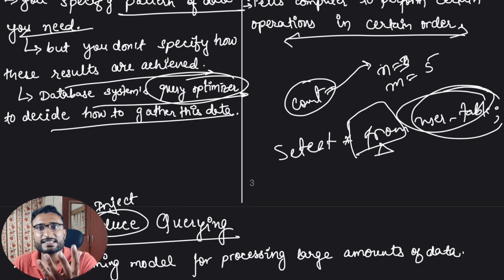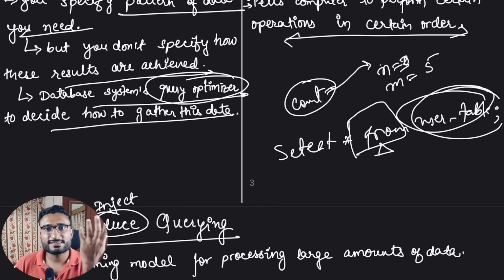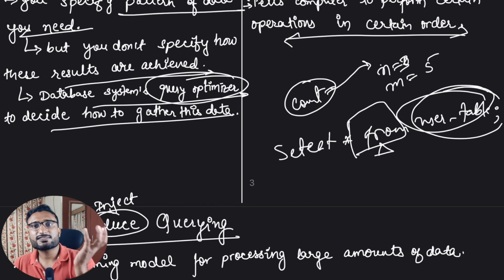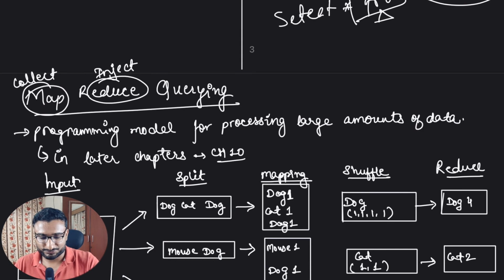It can decide to execute in parallel, or in this particular way, so that I can retrieve the results as fast as possible. That's the task of the optimizer: deciding how to retrieve results so that they come faster and faster, and I'm able to solve user queries as fast as possible.